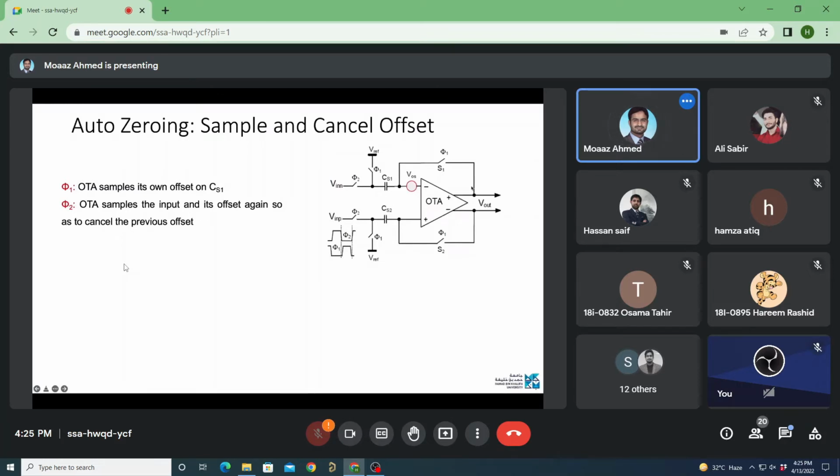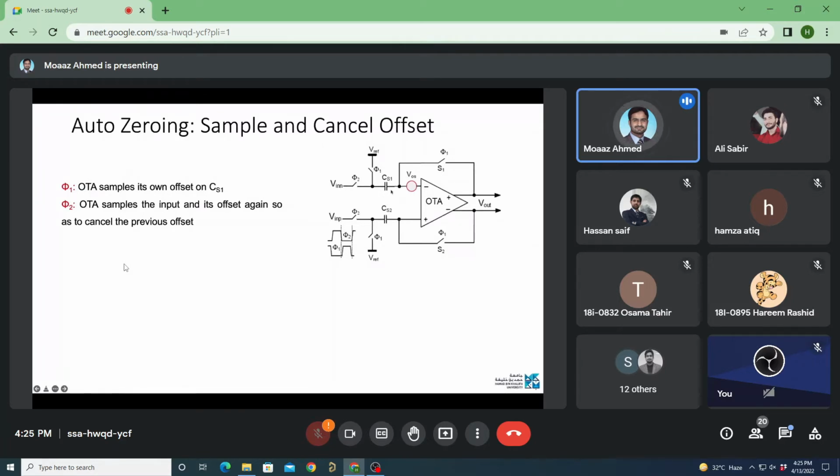During the second phase, the unity gain configuration is stopped: the S1, S2 switches are open, and then these switches are closed. So the amplifier sees the input, and it sees its offset again.